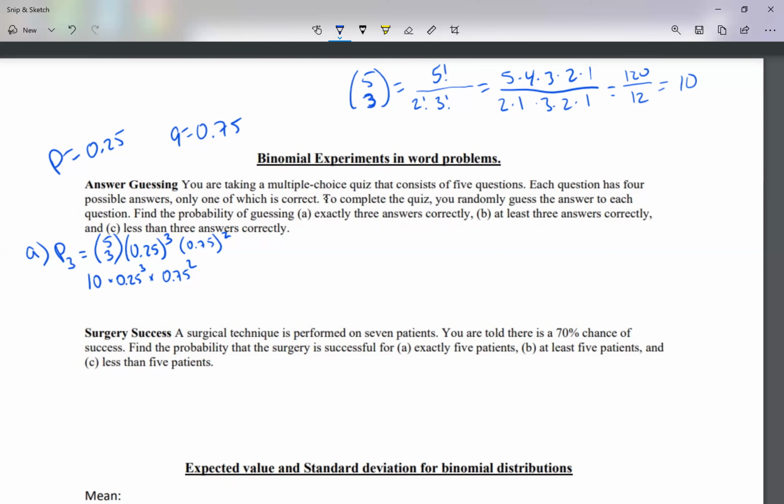So that's how I did the 5 choose 3, I got 10. Okay, so that was a reminder how to do choosing. Now I just type it on my calculator, 10 times 0.25 to the third times 0.75 to the second. And my answer here is going to be 0.087891.